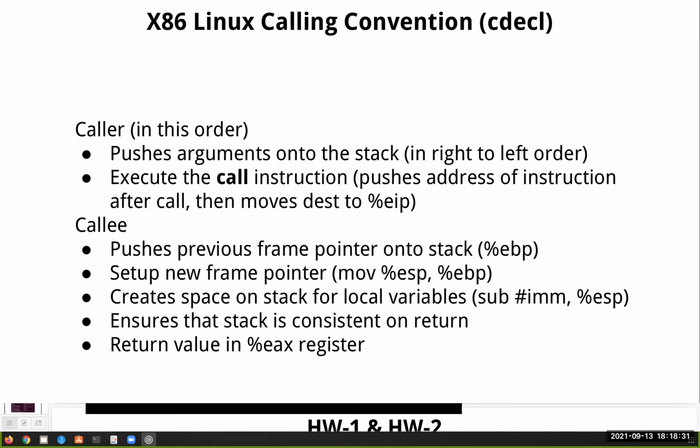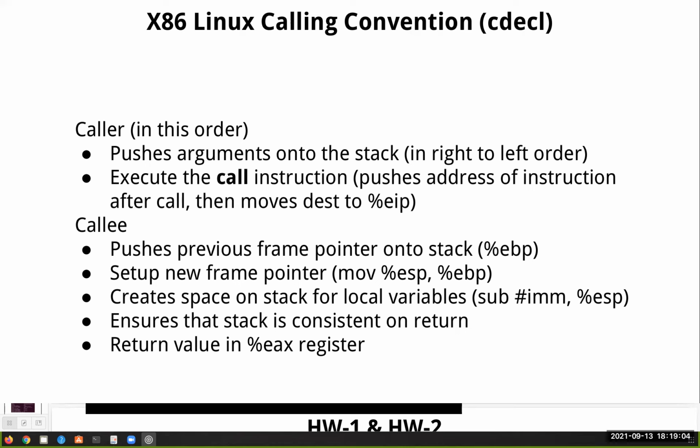Then you set up the new frame pointer, which is move ESP to EBP. So EBP always points to the beginning of my function's frame. Then I create space for my local variables by subtracting some value from ESP.